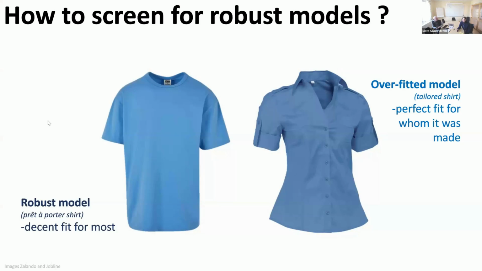So we need models that work reasonably well for very many cases, rather than something that works very well in the trials where we did measurements. So a little bit like these shirts, we are looking for a robust model that has a decent fit in most cases, rather than something that is very tailored and complex and maybe does not work well in new cases.